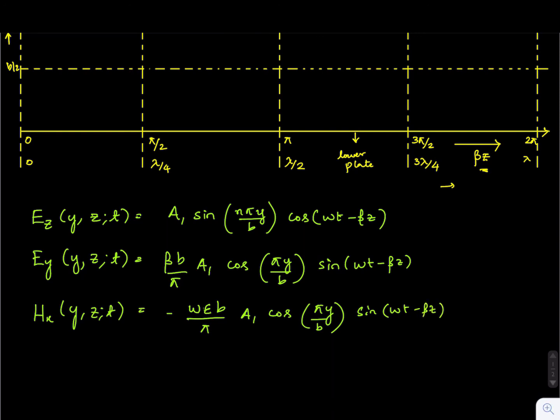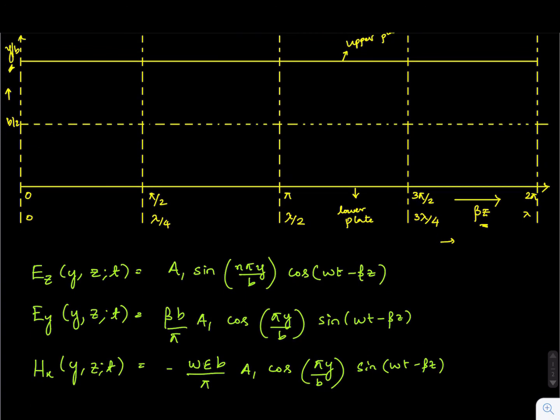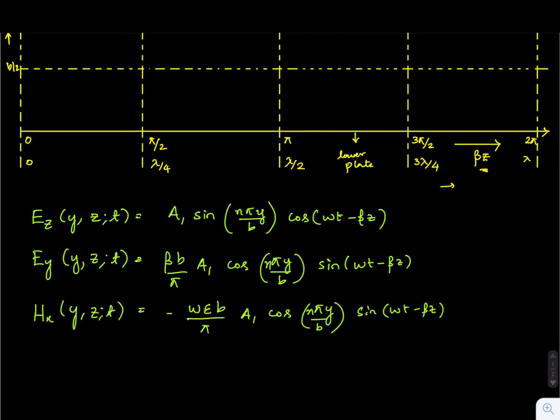In all these cases, I just have to put in n. So for the first problem, part A is TM1, which implies n is equal to 1.